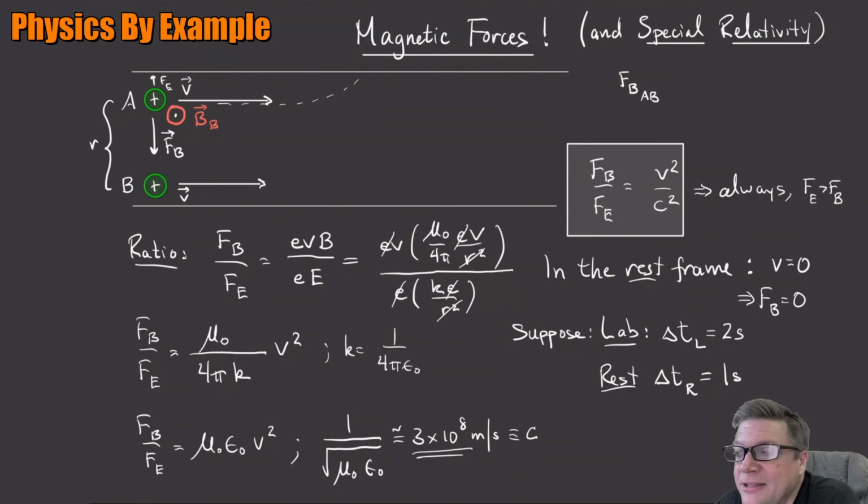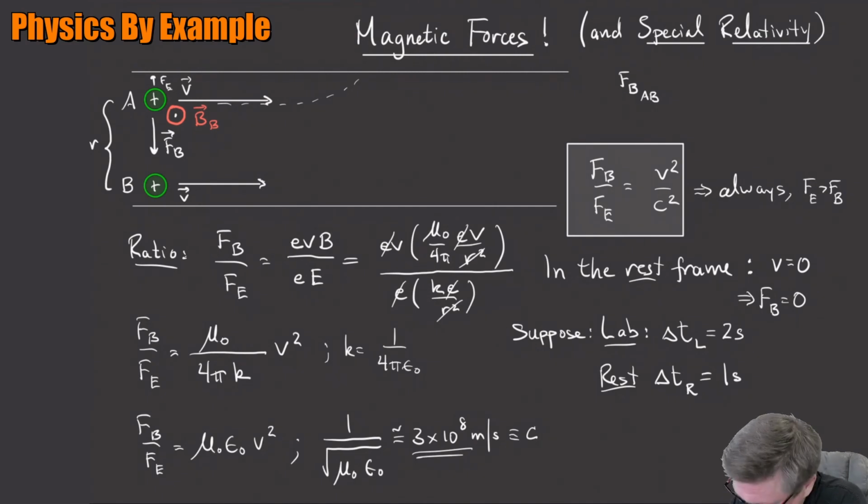And look what this means. You're seeing the same experiment happen, 2 different people, and they're both using accurate stopwatches, and they're getting 2 different times. And the only difference is that there's relative motion between those 2 frames. One is in the lab, and one is traveling with the particles in the rest frame.